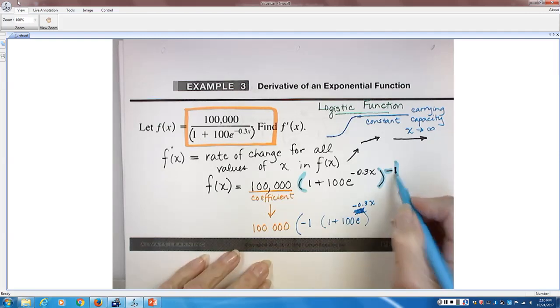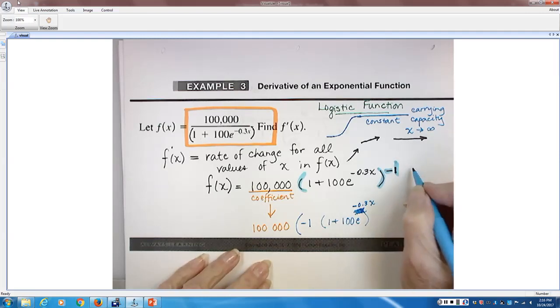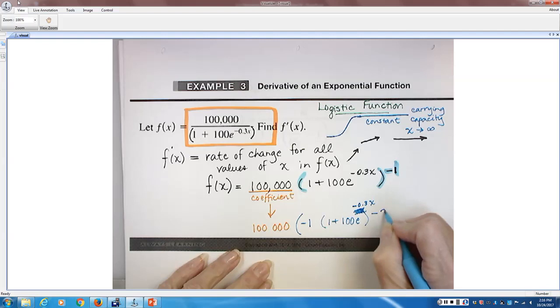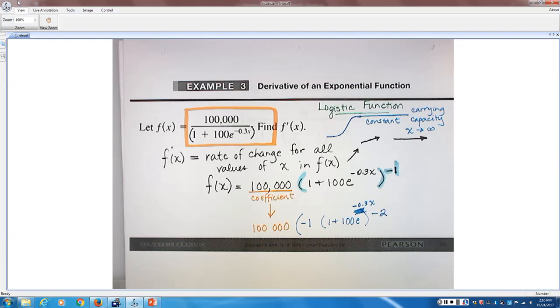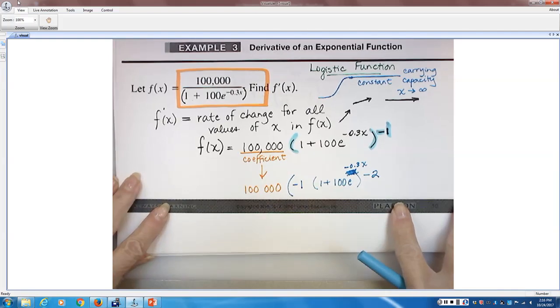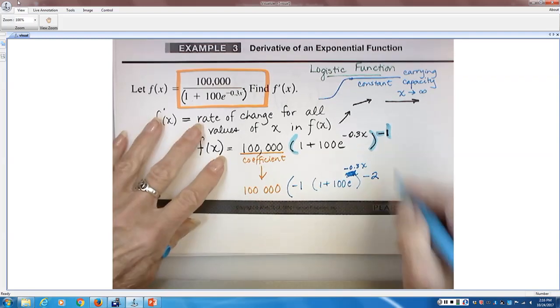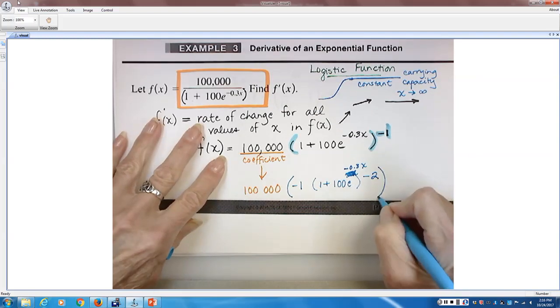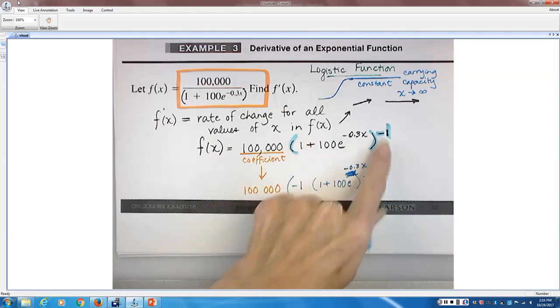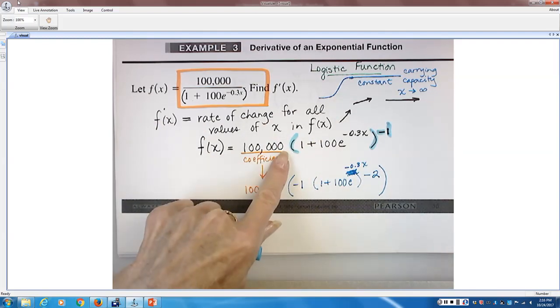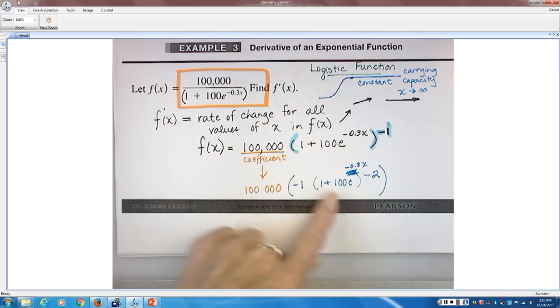And now my -1 out here, I'm going to subtract 1 from it. That's going to become -2. So that means that I've taken the derivative of the parentheses. But now I need the derivative of what's inside the parentheses.